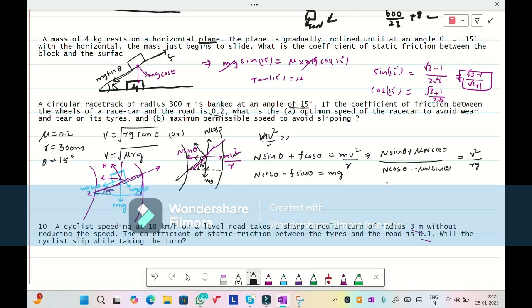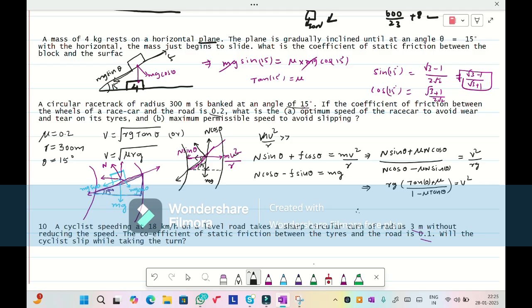Now here n gets cancelled, and take cos theta also common. Therefore v square equals rg into, if you take cos theta common here, tan theta plus mu by 1 minus mu tan theta.